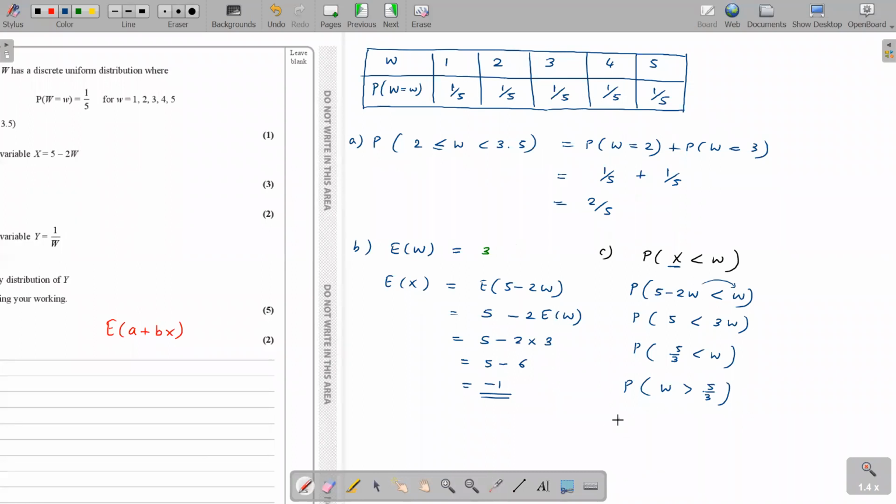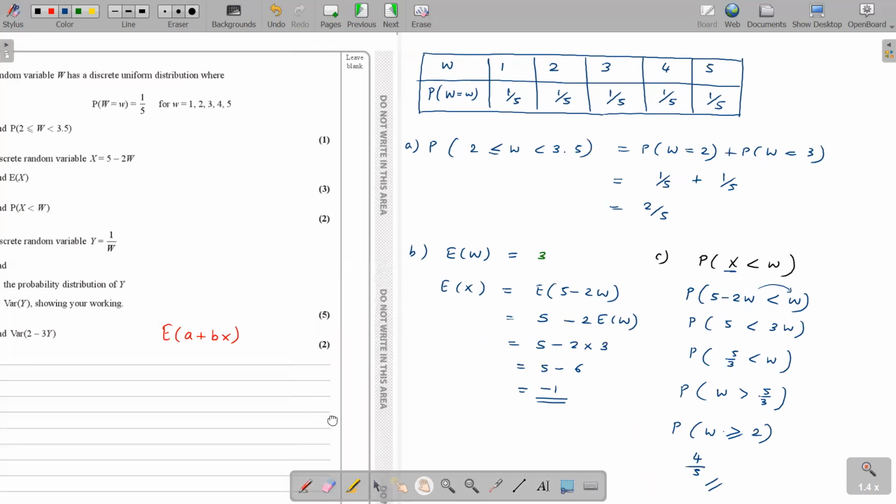Basically W greater than 5 over 3 includes W2, W3, W4, W5. So when you add 1 over 5 four times, what do we get? Directly, it's 4 over 5. Do you understand? This is the easiest way to do it.